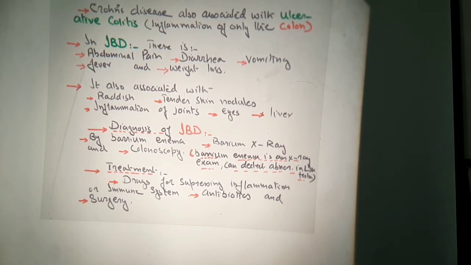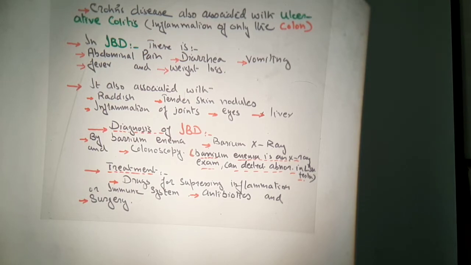When barium enema is given to the patient through the anus, it may show the sites where inflammation occurs in the colon or in part of the large intestine. Next is colonoscopy, a scopic investigation.